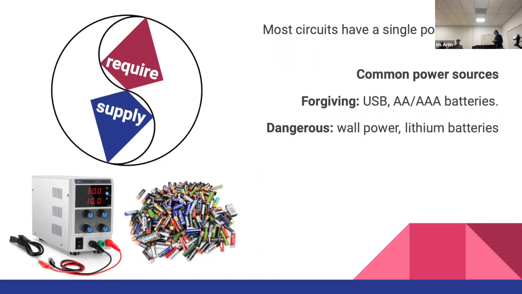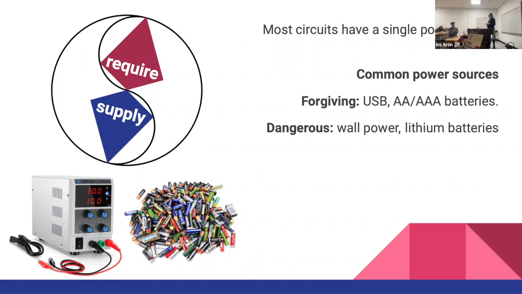USB cables provide 5 volts and usually no more than 2 amps. Both of those numbers are pretty safe, so it's very difficult to start a fire using what comes out of a USB cable.